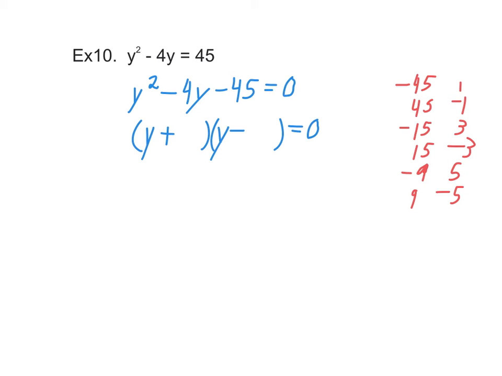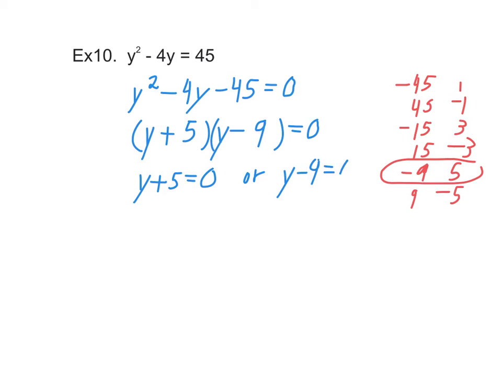I want to choose the one that adds up to be -4. Right here it is. -9, +5. According to the zero product property, either y plus 5 equals 0 or y minus 9 equals 0. So I have two solutions, -5 and +9.